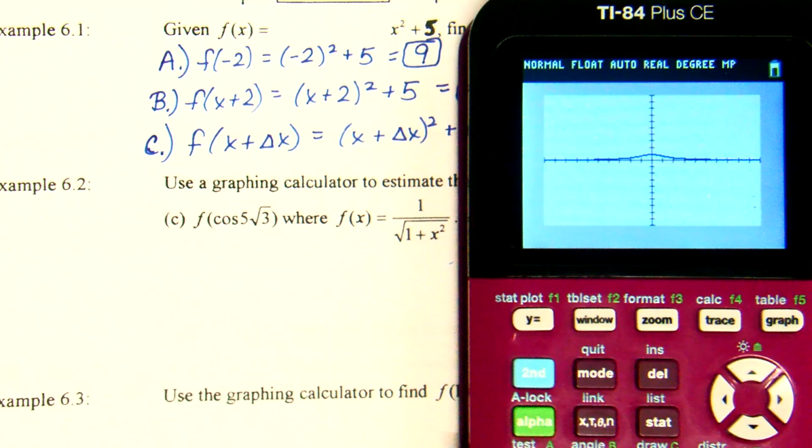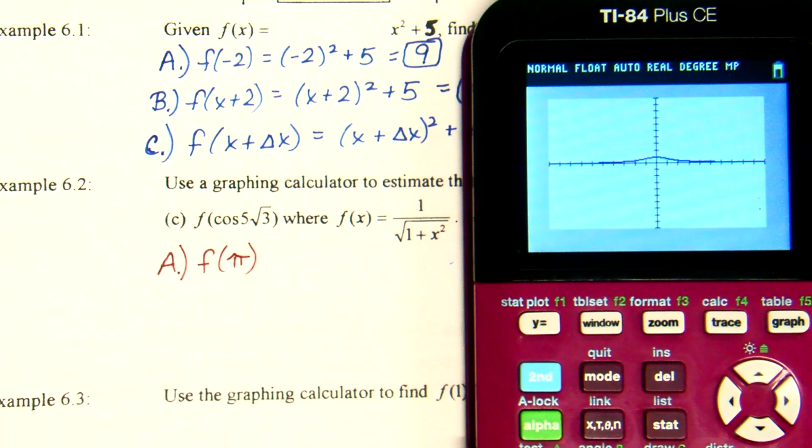Okay, so now, it asked me to find f of pi. Pi is the x value, and you're plugging it in. There are a couple of different ways to find the y value, because what we're basically trying to find is what the y value is at pi.